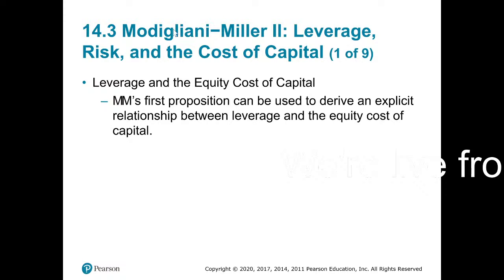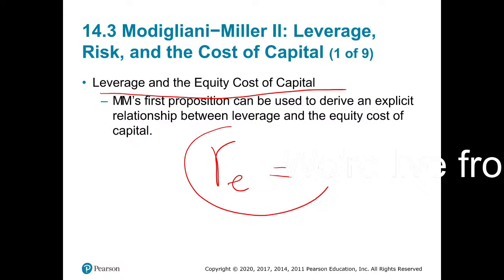And then MM2 deals with what if some of the assumptions do not hold. And here Proposition 2 looks at the leverage and cost of capital. And we can derive the cost of equity here.